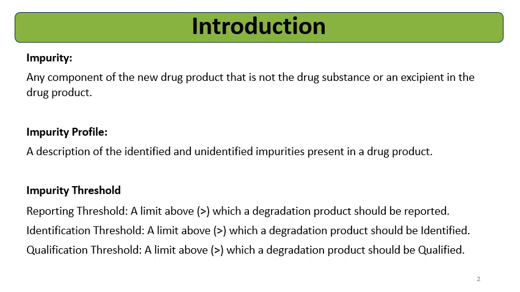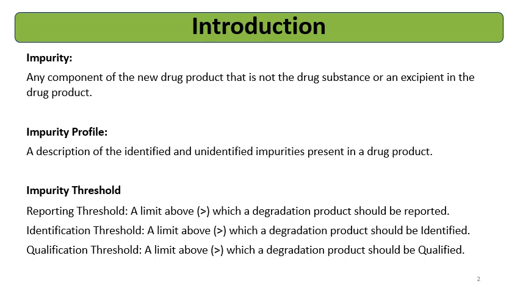Identification threshold is the limit above which the impurity or degradation product is required to be identified. That is, its structure should be made known and a name should be given. Then qualification threshold is a limit above which the degradation product or impurity is required to be qualified.